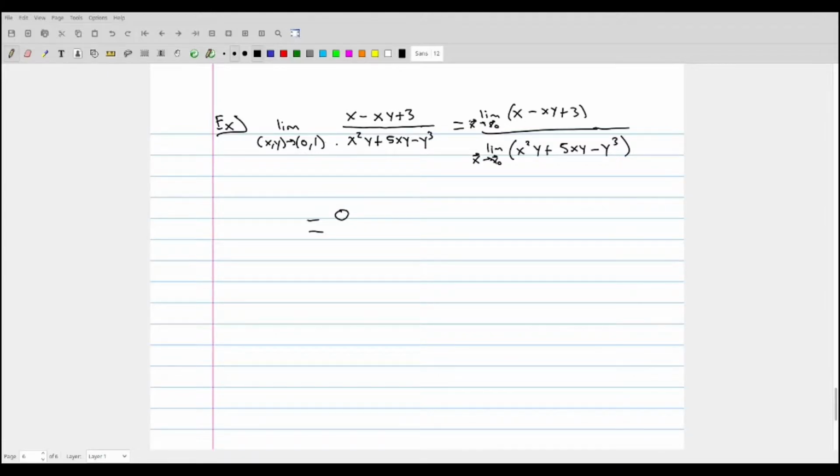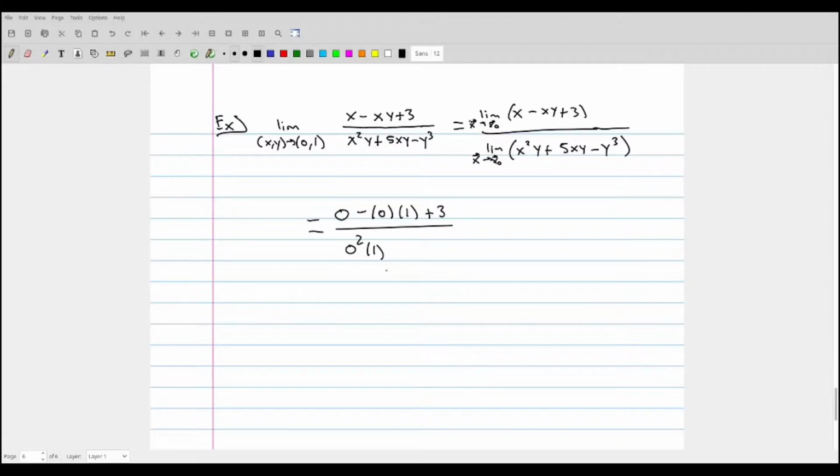The limit as (x, y) goes to (0, 1) of x is 0, minus 0 times 1, plus 3, divided by 0 squared times 1.